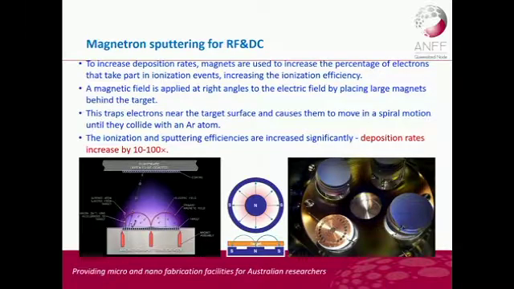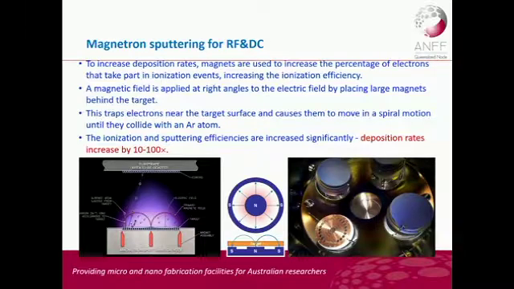So how to increase the sputtering? People thought about using a magnet, just put behind the target, which increases the percentage of electrons that participate in ionization.